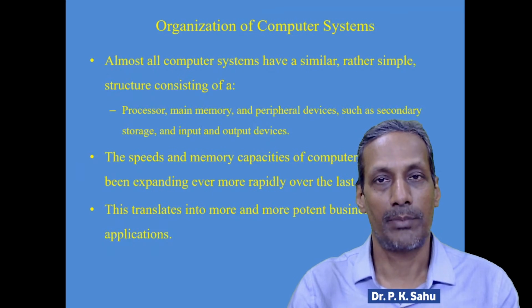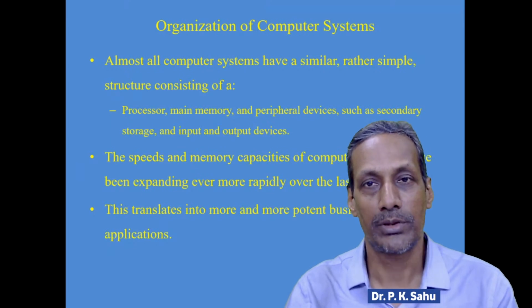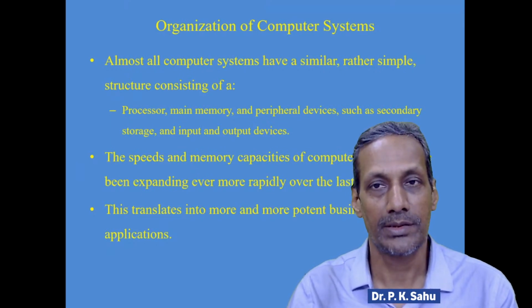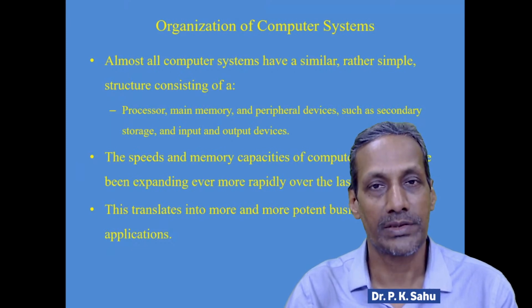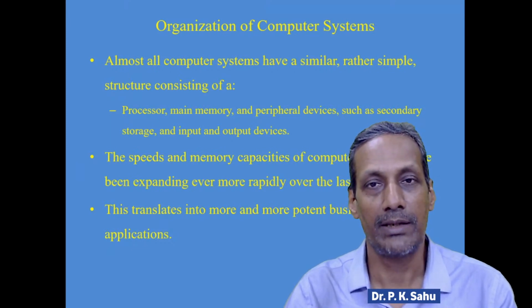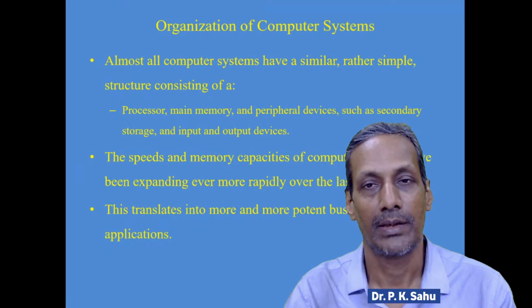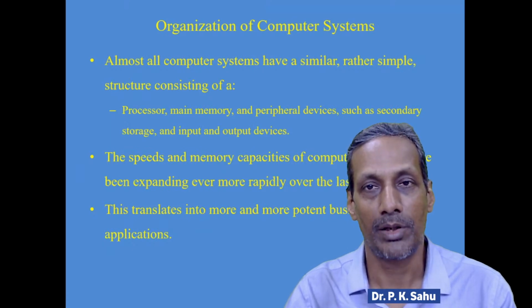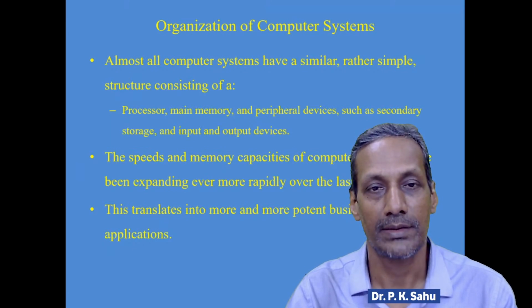First, let me tell you about how a computer system is organized. As you all are aware, computer systems are made up of many components that work together to achieve a set of specific tasks. Almost all computer systems, though they may come in various shapes and sizes, have a similar, rather simple structure. If you take a look at the schematic diagram of any computer system, you'll see that it has a processor, main memory, and peripheral devices, such as secondary storage and input and output devices.